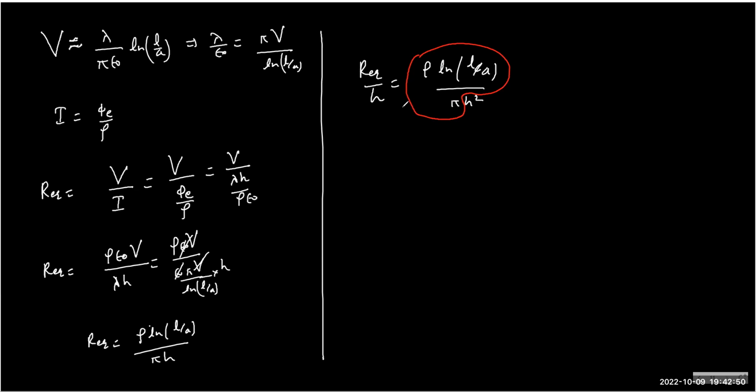Resistance of a medium, current length. If I take L length, then the flux coming out will be E into 2 pi H. Okay. But H will come in the denominator.